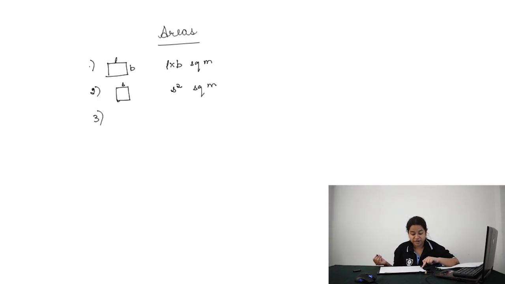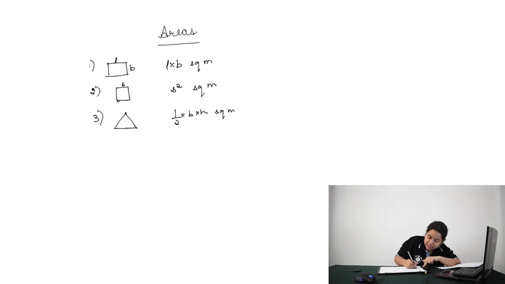The next figure which I'm taking is a very basic one, which is a triangle, and the formula for calculating area of a triangle is 1 by 2 into base into height square meters, where base is the line which is the edge over which we draw the triangle. This is the base, and this is the height.